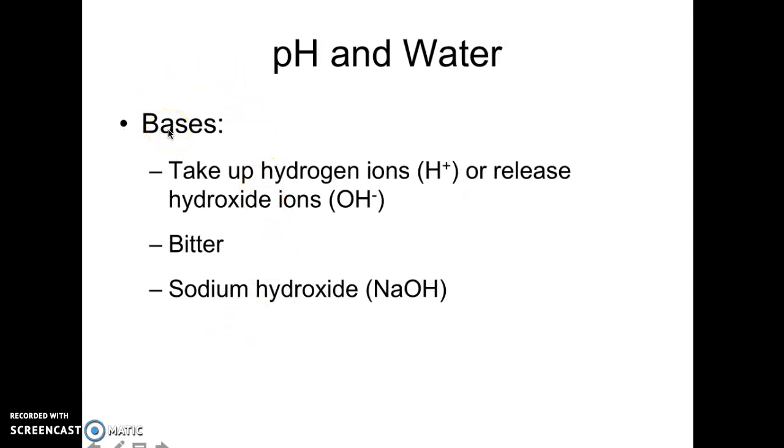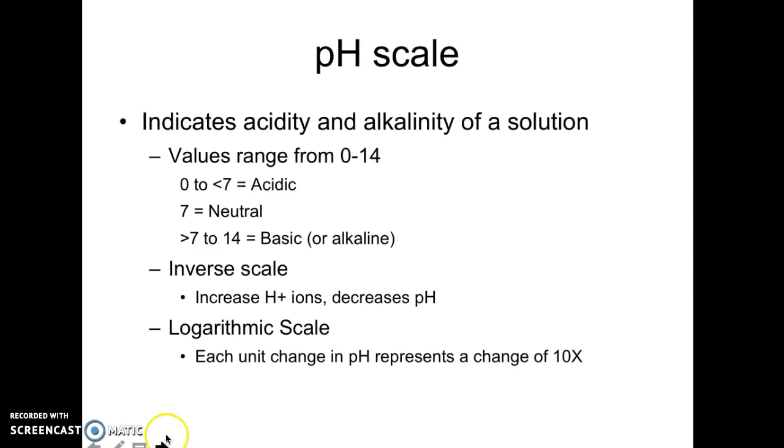Bases are going to take up the hydrogen ion, or they might release a hydroxide ion, OH. Usually these are bitter, and our most basic is sodium hydroxide, which is like lye, which is very caustic as well.